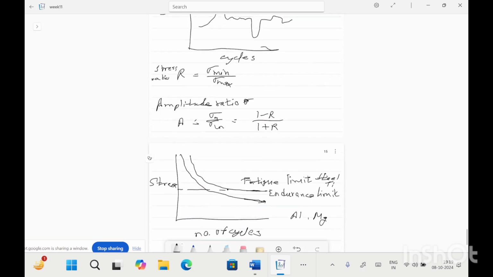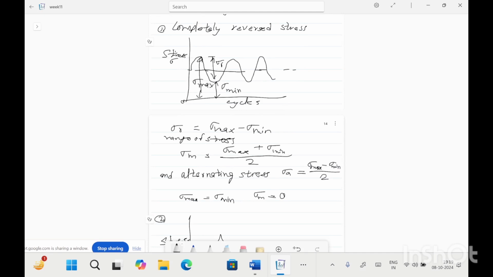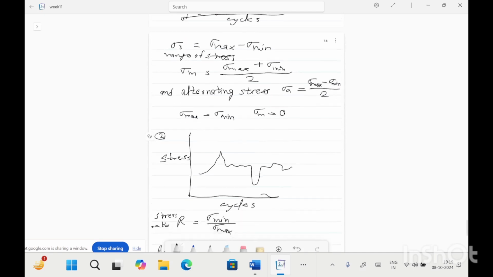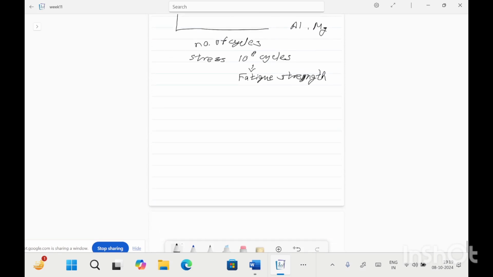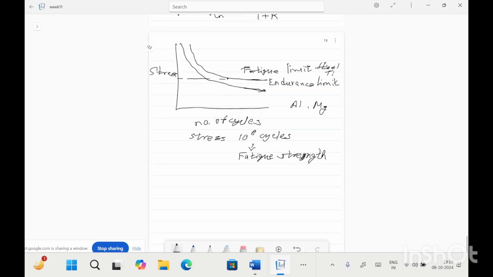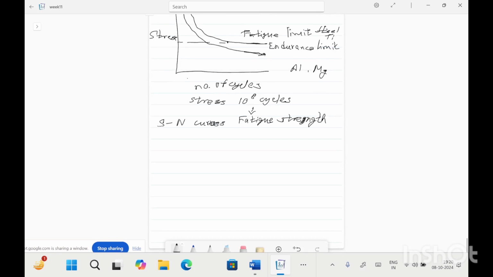Only the experimental data is collected for completely reversed cycle testing. The curve shown in this slide is called the S-N curve, meaning stress versus number of cycles curve.